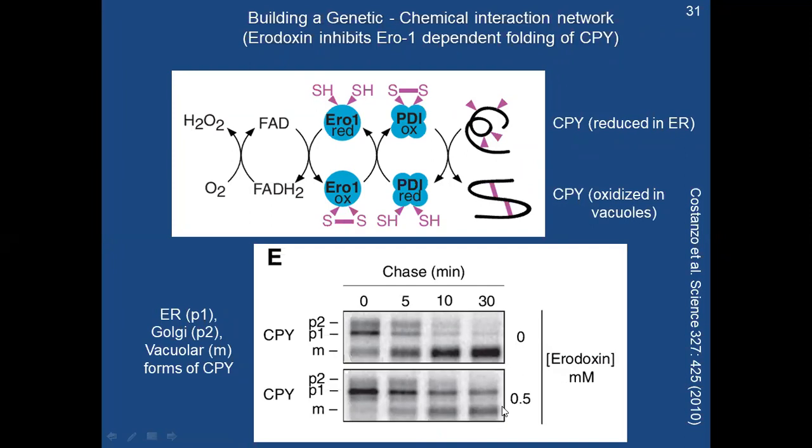But you also maybe see a reduction in the Golgi compartment as well. But nevertheless, it looks like you are inhibiting the ERO1 protein and thereby inhibiting the oxidation of CPY, which results in its larger molecular weight form. Are you with me? Do you have any questions here?